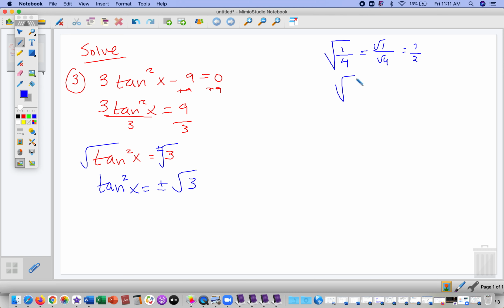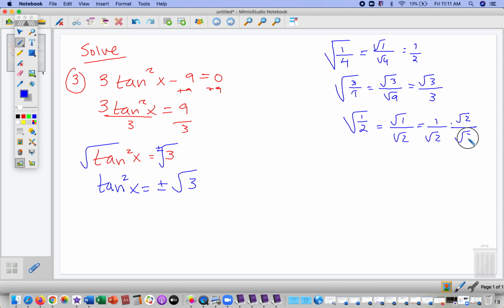If you had, for example, 3 over 9, you would have root 3 over root 9, which would get us root 3 over 3. If someone had square root of 1/2, you would say square root of 1 over square root of 2, which is 1 over root 2, and then you could rationalize, multiply by root 2 over root 2, and you'd have root 2 over 2. Okay, so simplifying radicals, just a quick review of that.